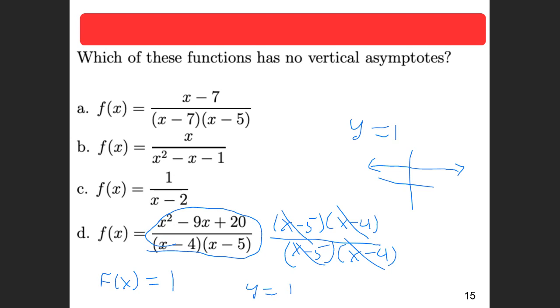There would be holes at 4 and 5. There would be a hole here, and there would be a hole here. That's exactly right. So there are no vertical asymptotes there. There's going to be a hole, though, at 5 and 4.